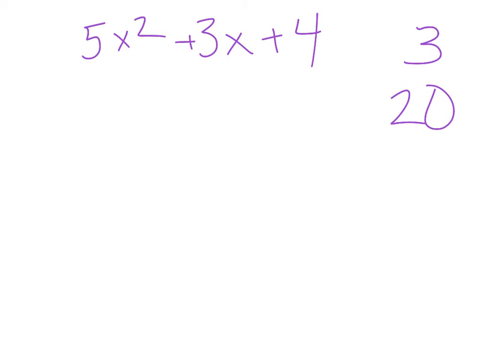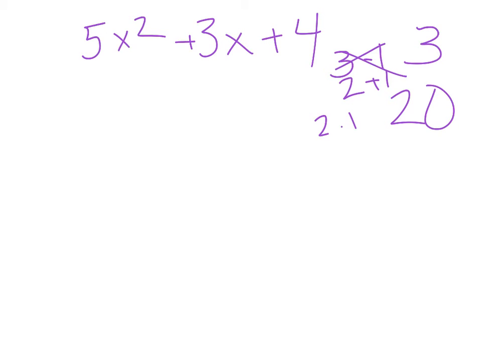And they both need to be positive. So, there's really only one way to get 3. That's 2 plus 1, right, would give you 3, and 2 times 1 does not give you 20.